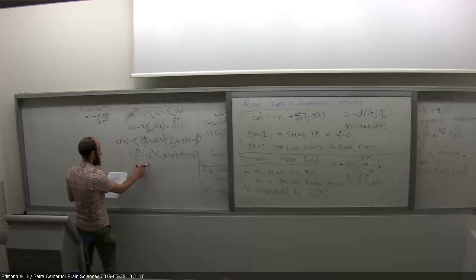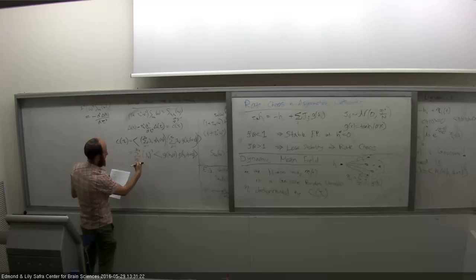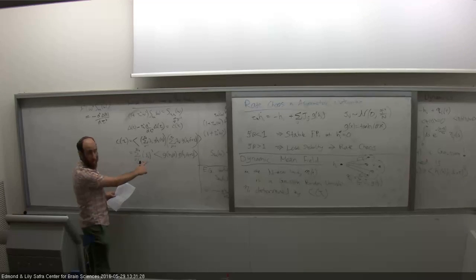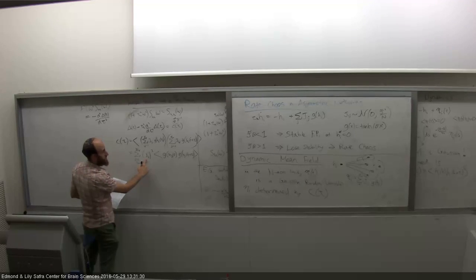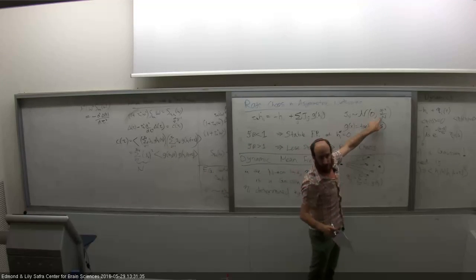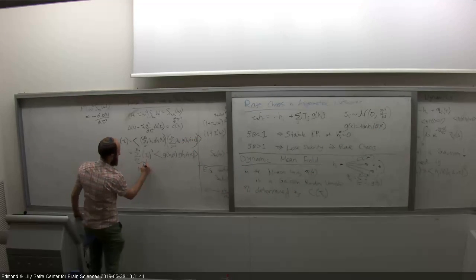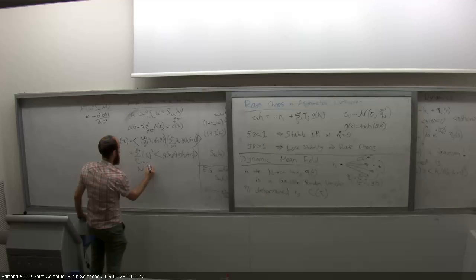And this sum is really just equivalent, for large n, to n times the variance of J_ij. And the variance of J_ij we defined, and this is exactly why we defined the scaling to be J tilde squared divided by n, because in the end our formulation is going to give us n times the variance, J tilde squared over n. So the n cancels.